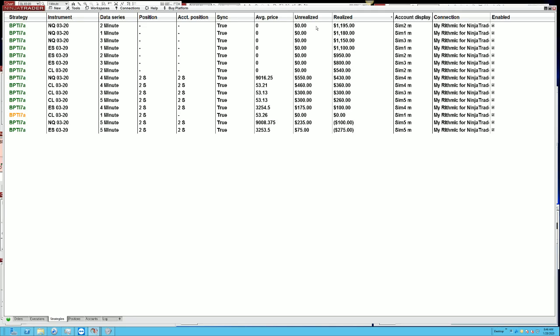And if we look at the NASDAQ, trading by itself, fully automated, the NASDAQ made 1,195. This is based on the 2 minutes. Then if we look at the NASDAQ 1 minute, the second line, we have 1,180 based on 2 contracts.